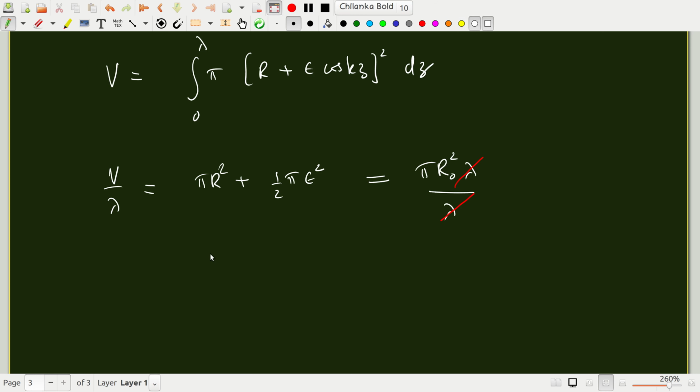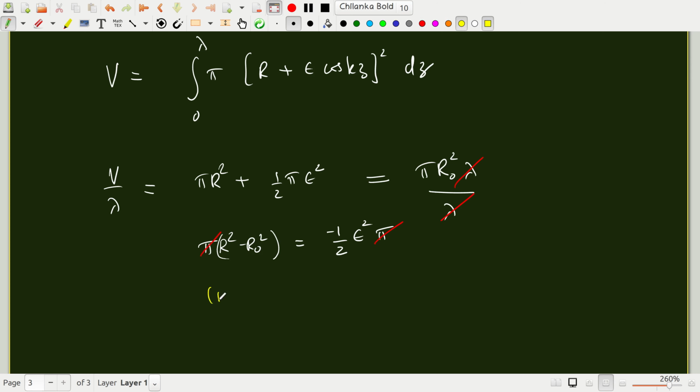If I equate the two, I'll get pi r squared minus r naught squared is equal to minus half epsilon squared pi. I'm just taking this to the other side. Now I'll cancel the pi.